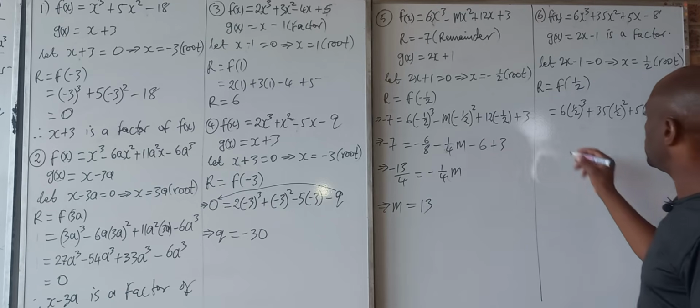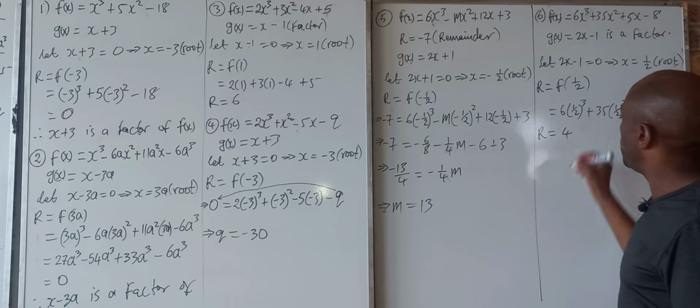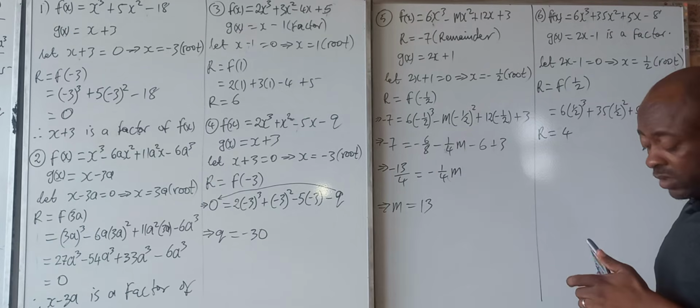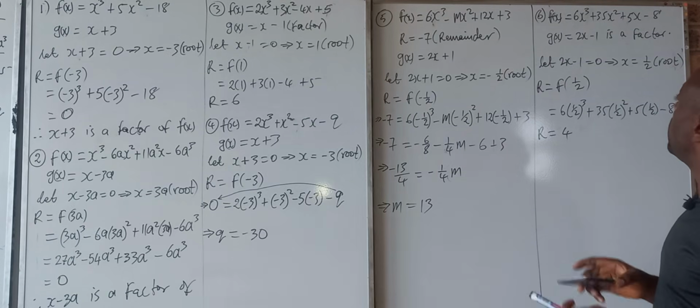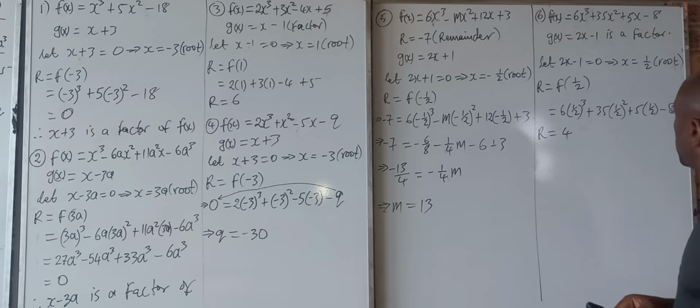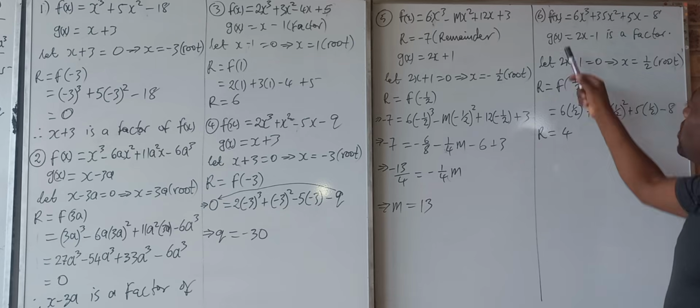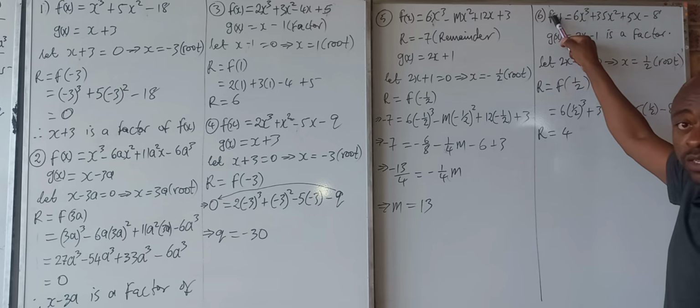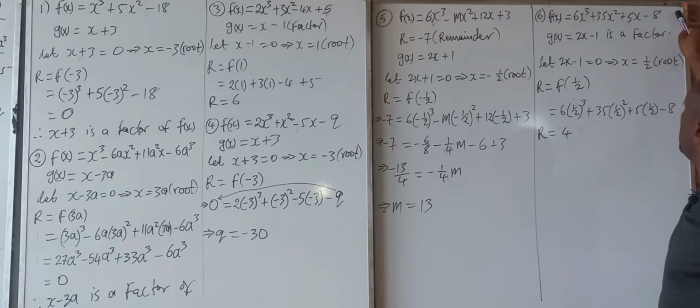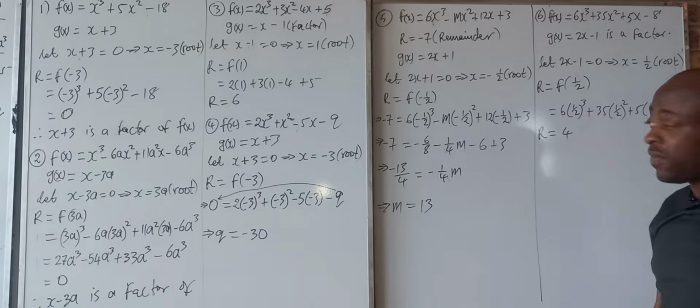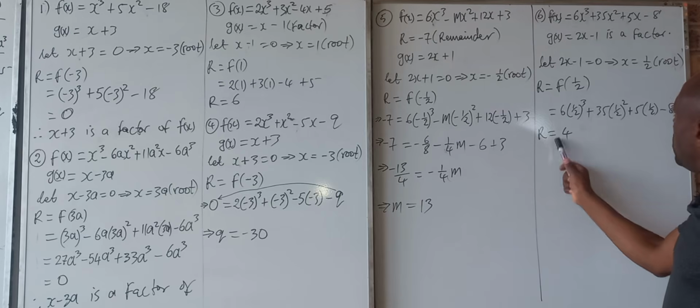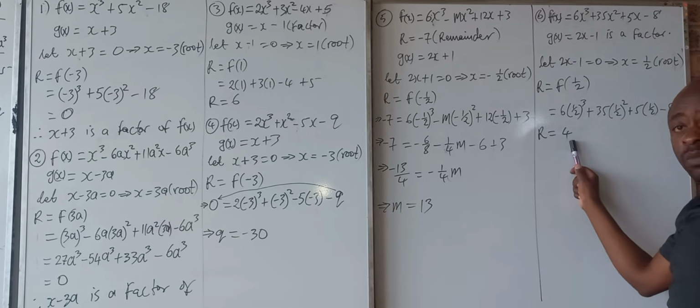Once I do that, we'll clearly see that our remainder is 4, which is the reason why I said from the beginning, if you interpret this question well, it's just telling us that g is not a factor. You need to add something here to make g a factor of f. That's why you're clearly seeing that when f is divided by g, there is a remainder of 4.